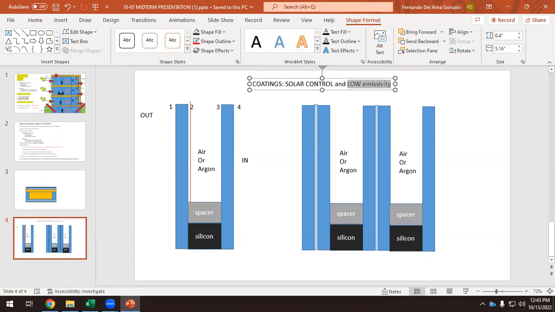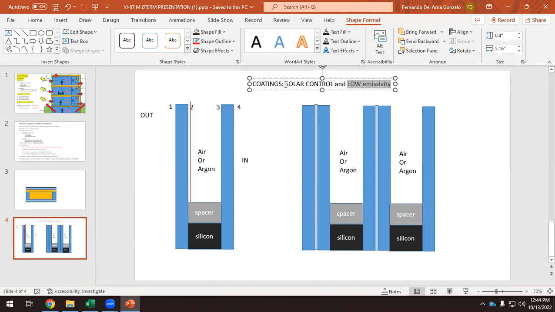The low emissivity is always for winter. A low emissivity coating keeps heat inside the building. We use this for cold countries in winter because we are heating up the air here and we don't want that heat to go through the window.